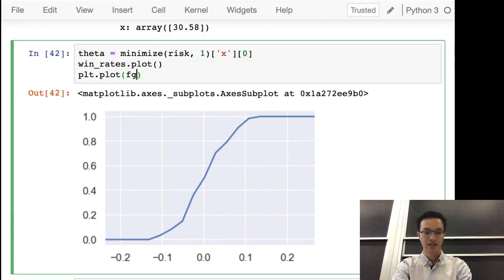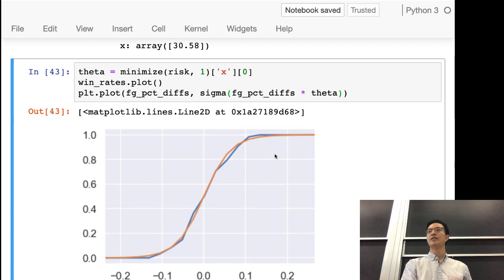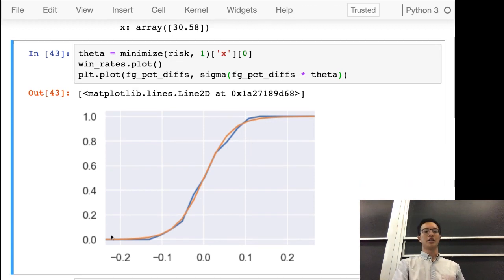So here are our field goal percentage differences. Here is my model's predictions, because I take the x values and multiply by theta. And we see here that our model's predictions match the binned proportion of games won quite well. So that's logistic regression.